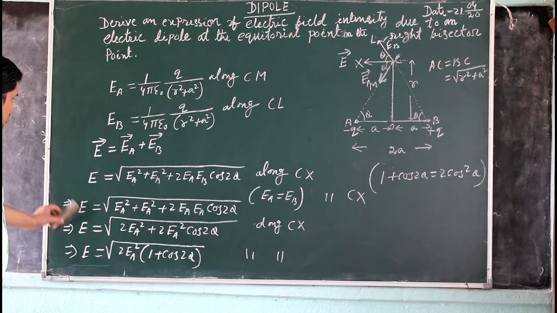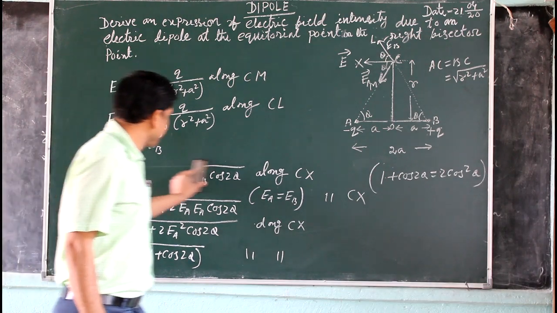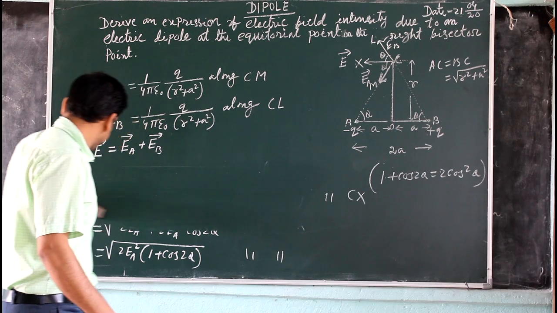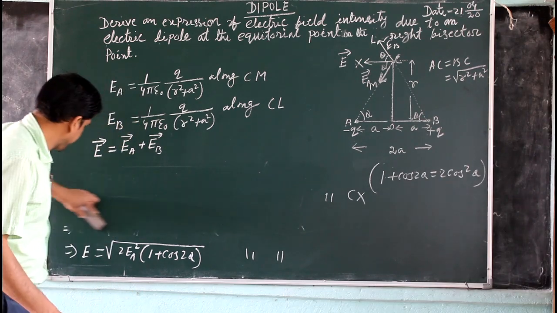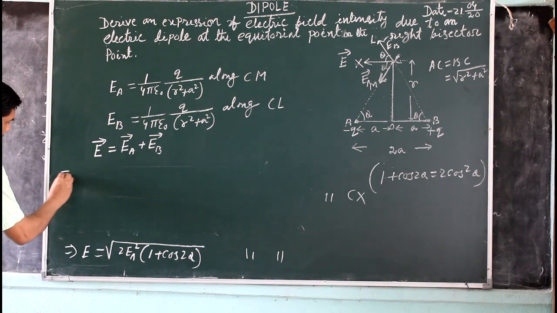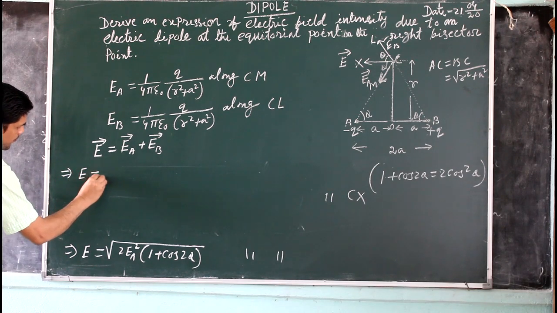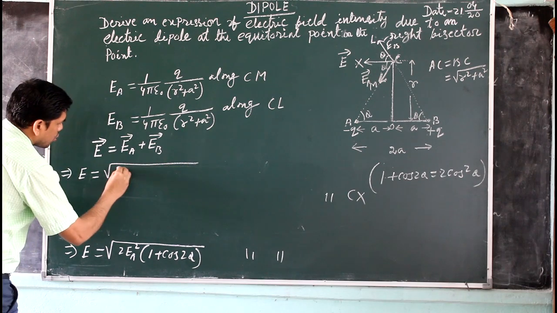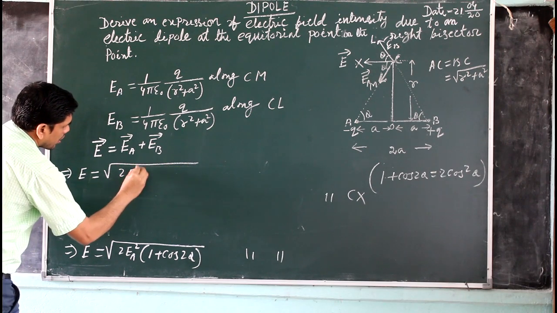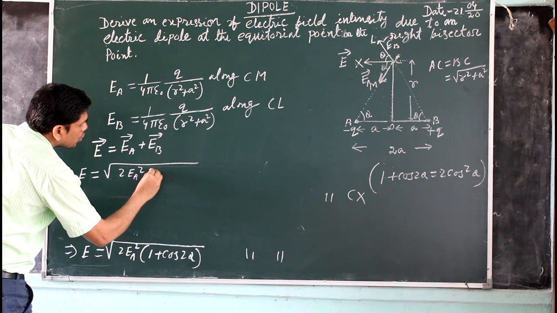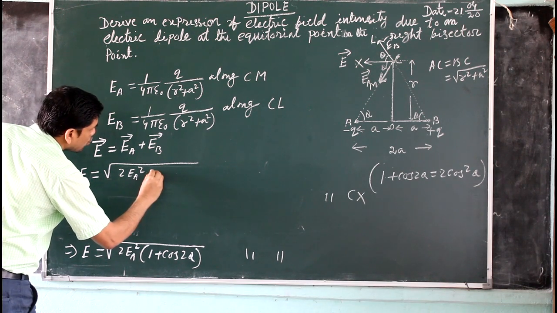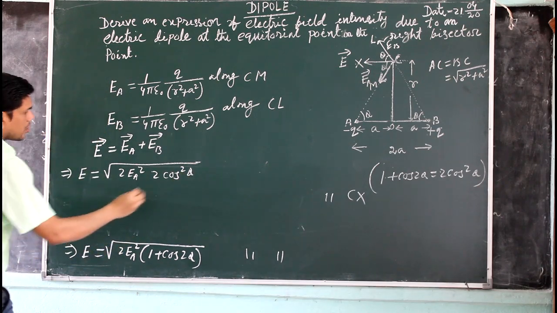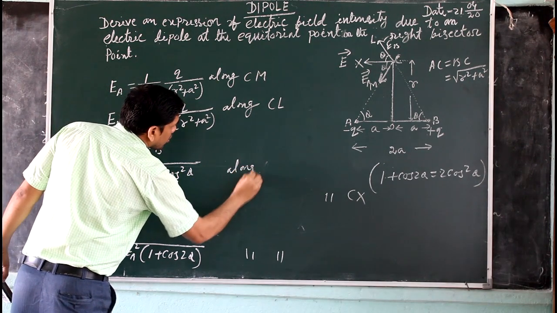So by using this formula, E equals root over 2A square into 2 cos square theta along CX.